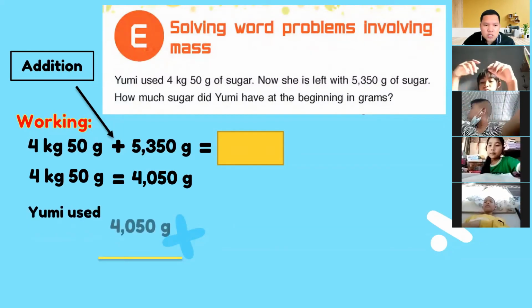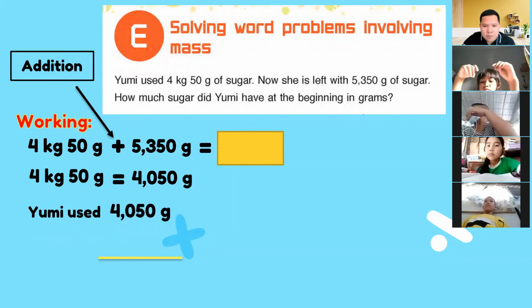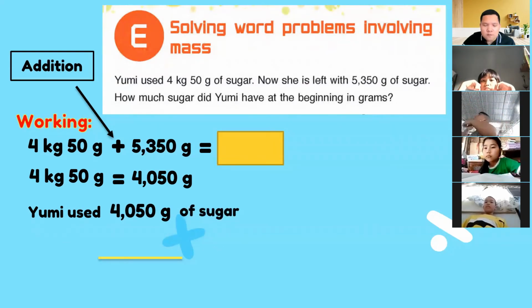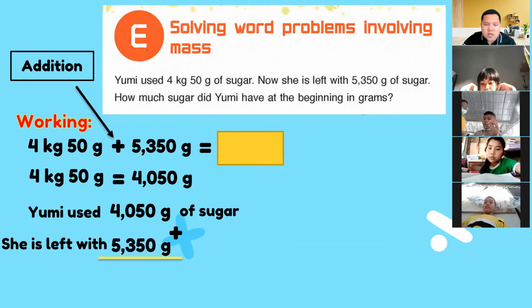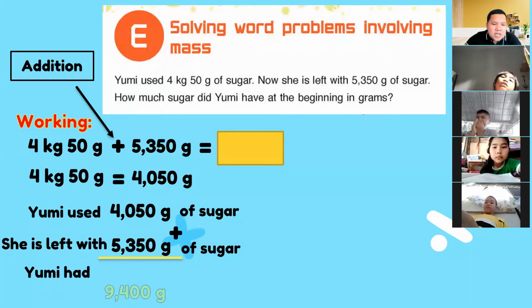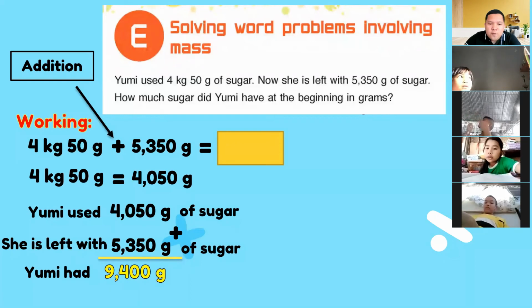Yumi used 4,050 gram of sugar, and then she is left with how much? 5,350 gram of sugar. Now, Yumi had 9,400 gram of sugar at the beginning.